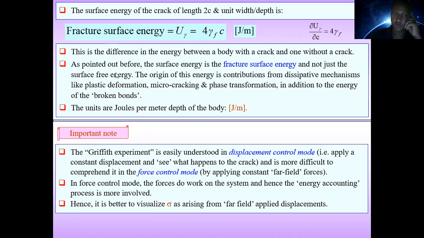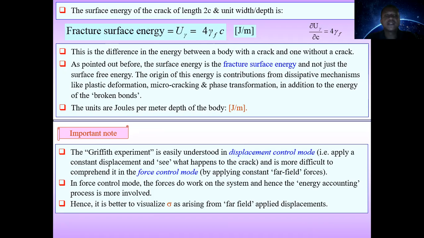As pointed out before, the surface energy is the fracture surface energy and not just the surface free energy. The origin of this energy is contributions from dissipative mechanisms like plastic deformation, micro cracking, and phase transformation, in addition to the energy of the broken bonds. The unit of joule per meter depth of the body is applicable.